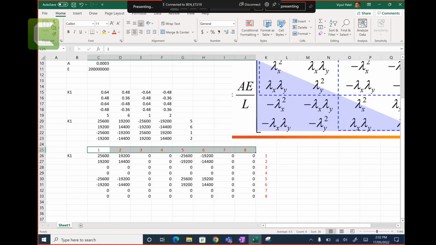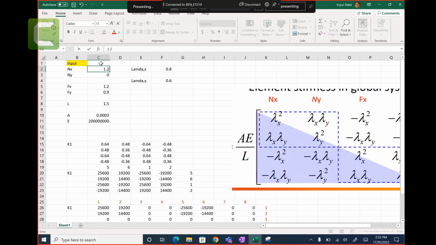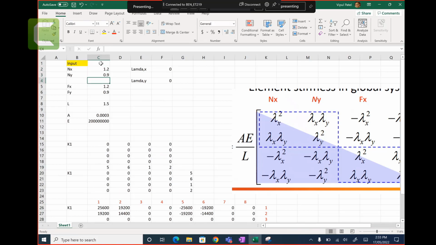For this one, if I change the number here, K2 has a lambda x, nx, what was that? This one 1.2 and 0.9. Look at the numbers changing. And then your fx is 3 and 0.9. Is it correct?